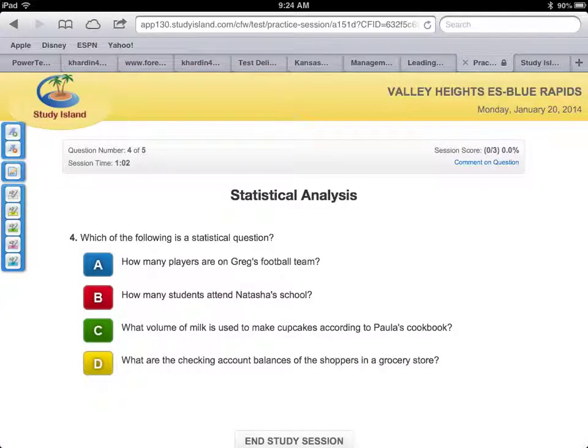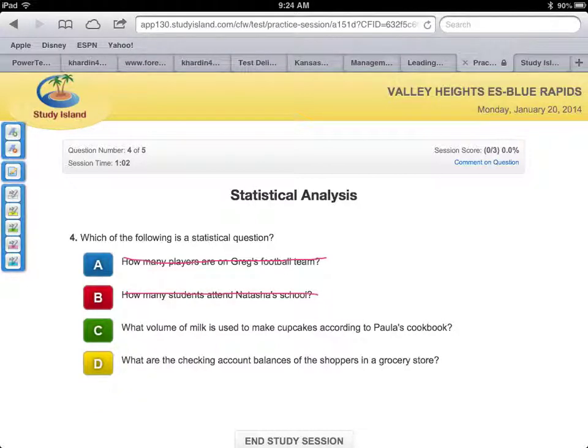This question is asking you which one of these, A, B, C, or D, is an actual statistical question. A statistical question is a question that gathers a lot of data that you can compare and find the mean, median, mode, and range. A, how many players are on Greg's football team? That would just give you one piece of data. You can't do anything with that, so that takes that out. How many students attend Natasha's school? That's going to give you one number.